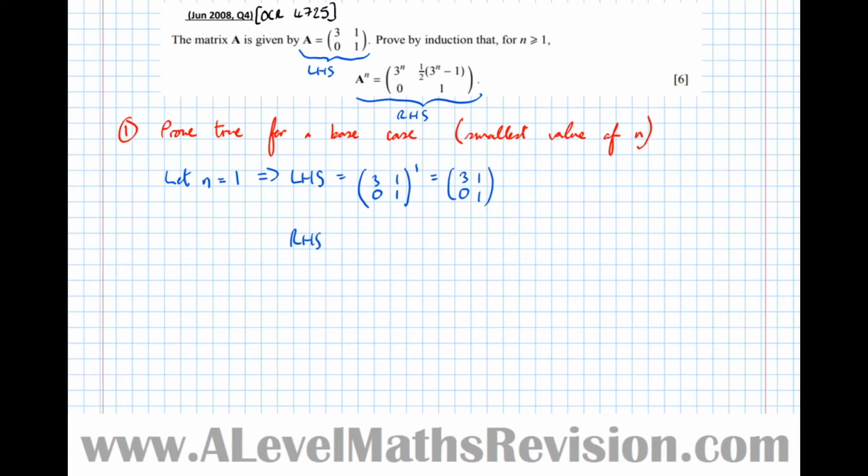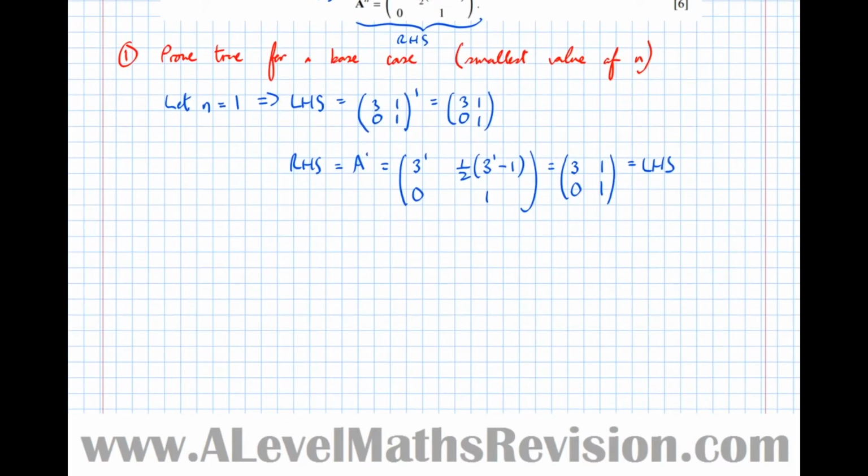The right hand side, I'm going to sub it into this, equals A to the 1 equals [3 to the power of 1, 0; a half of (3 to the 1 minus 1), 1], equals [3, 0; and here 3 take 1 is 2, half of that is 1, 1], which is equal to the left hand side. So the right hand side is equal to the left hand side. Therefore, true for n equals 1.